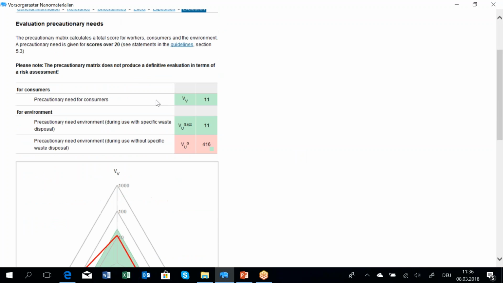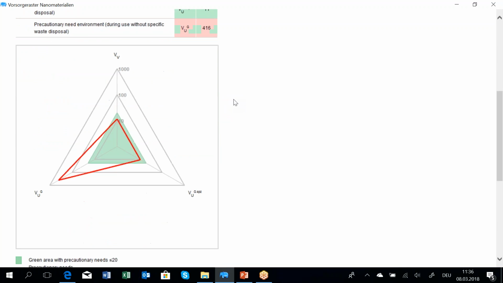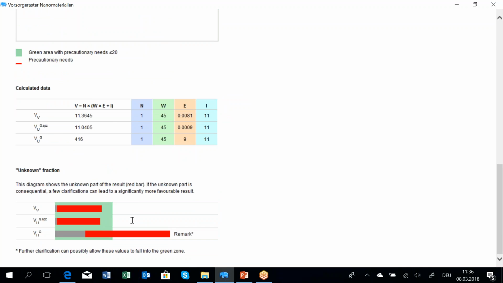So we get to our evaluation for this precautionary matrix. We have no need for the consumers, but there's a need for the environment. As you can see, the unknown fraction is also very high here.